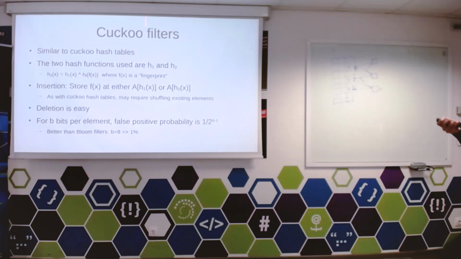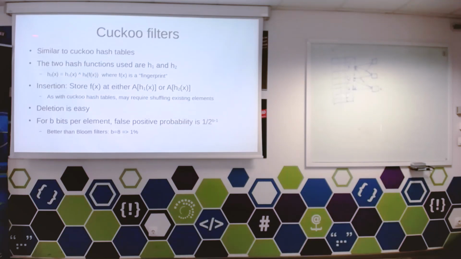With a cuckoo filter, we do something quite similar. For each element, we have a primary hash function and a fingerprint function. If we decide that we want to have 8 bits per element, then the fingerprint must be 8 bits. So the length of the fingerprint determines how many bits per element we store.